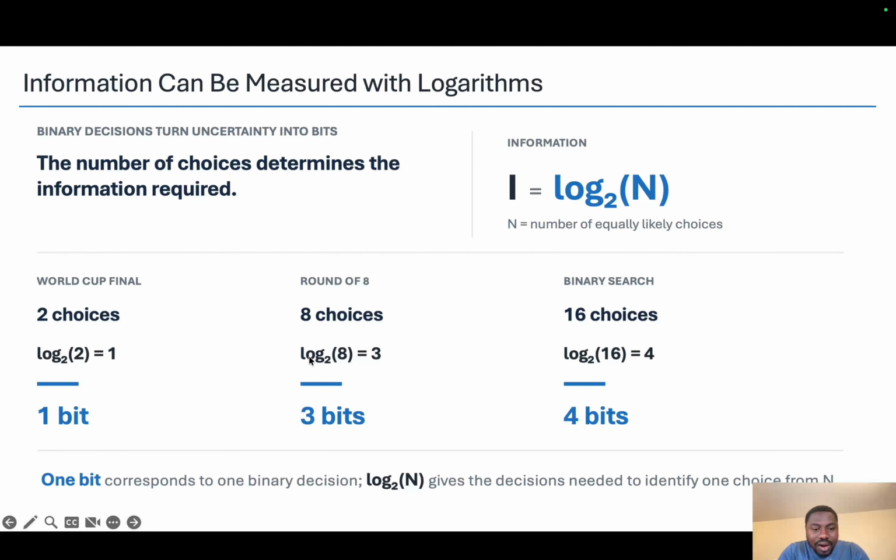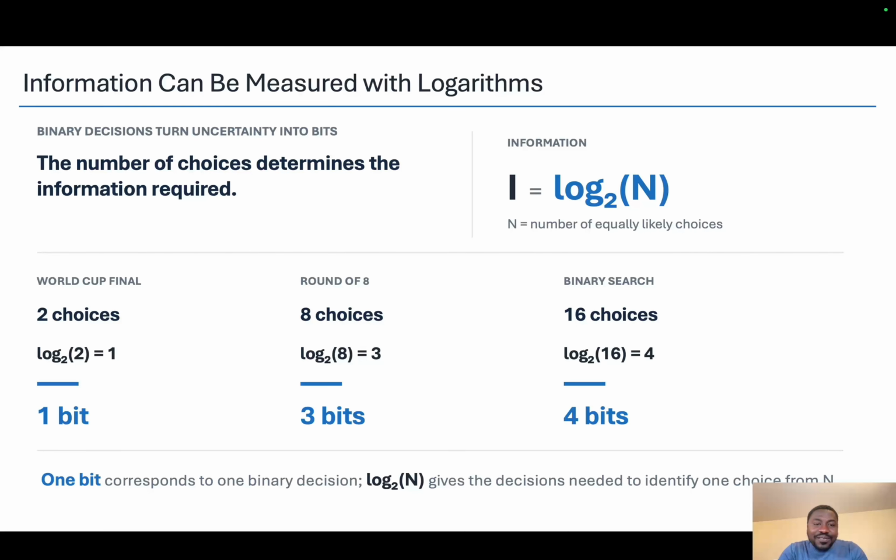If you take the log to base two of eight, you get 3 bits, which corresponds to the 3 rounds of decision we have to make. And in binary search, worst case to get to any item, log 2 of 16 gives you 4 bits. So across all of these examples, you can use that single formula, I equals log 2 of n, where n is the number of choices, and this holds true when all the choices are equally likely.